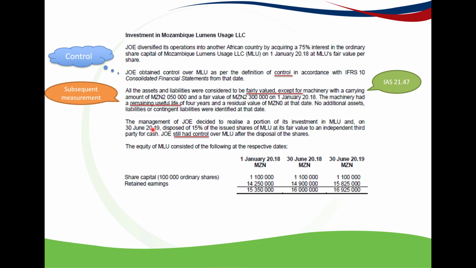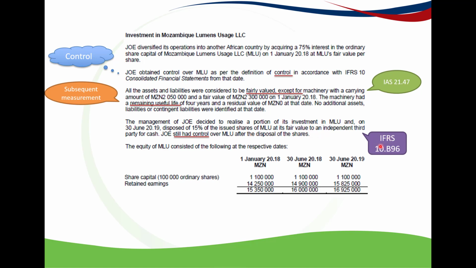We know we can finalize the accounting, and then at year end only we are required to process the change in ownership transaction, and they disposed of 15% of the shares at its fair value. And then, very important, they still had control over Imlu after the disposal of the shares.